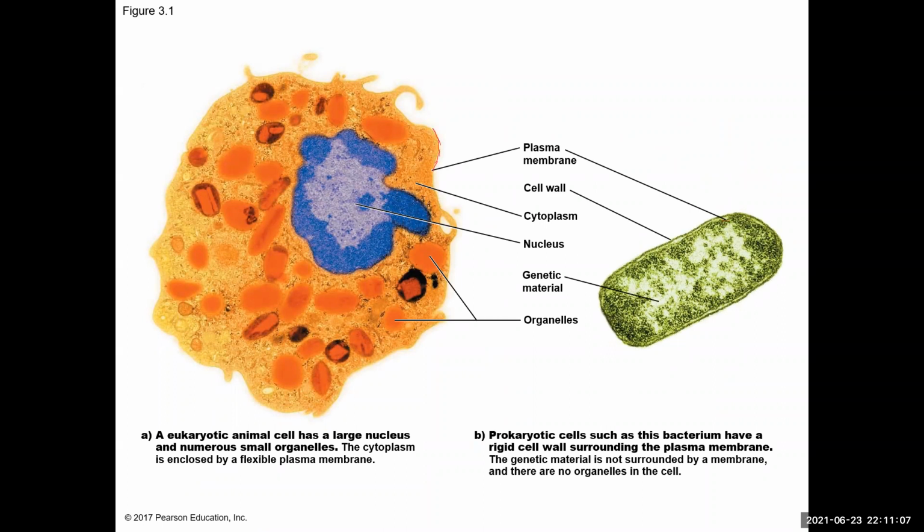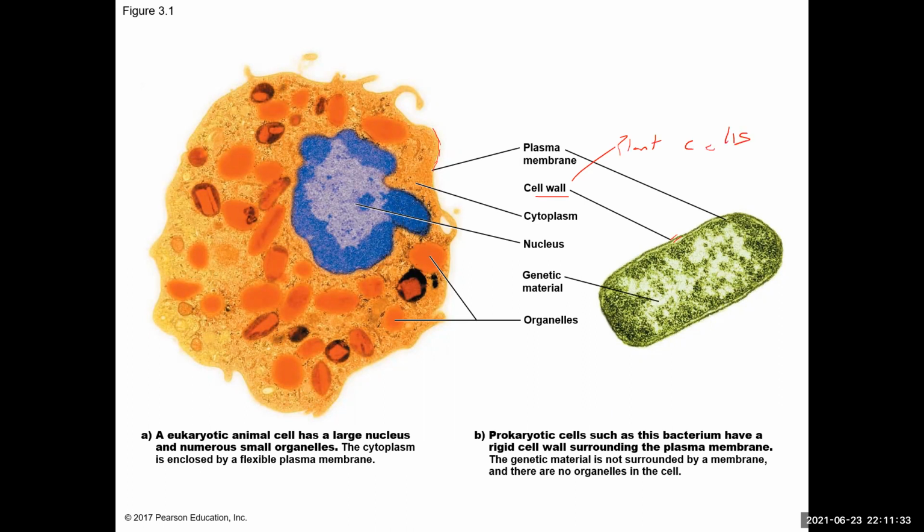This outer area here, this dark green line there, is not the membrane for the prokaryotic cell, but that's a cell wall. So prokaryotes have a cell wall, while animal cells do not have a cell wall. But another cell that does have a cell wall are plant cells. Right? So plant cells also have a cell wall.